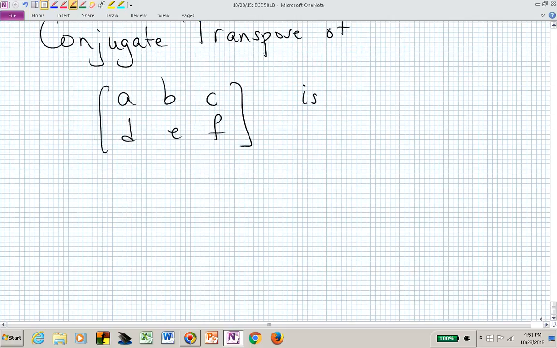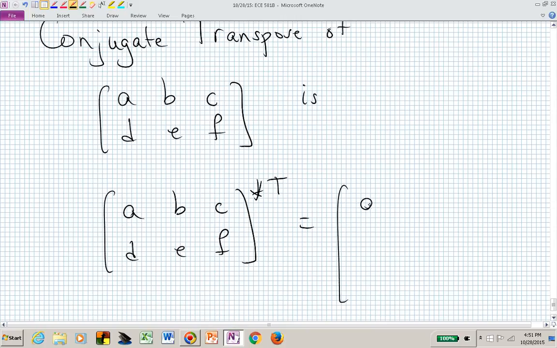The conjugate transpose of that matrix: now the first row becomes the first column with all of the elements conjugated, so in the first column I have A, B, C, all complex conjugates, and the second column is D, E, F, conjugated.